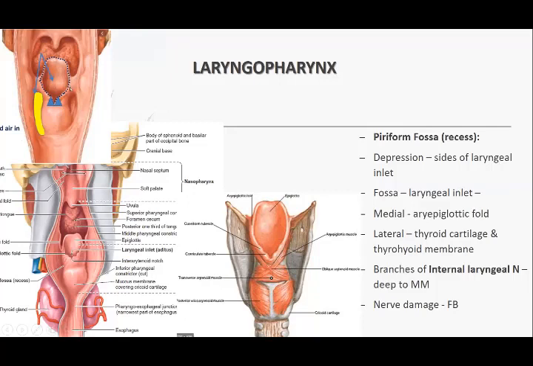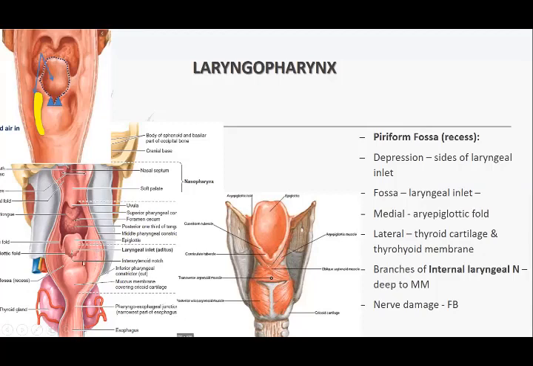Now this is what the piriform fossa is. This is the larynx, this is all the laryngopharynx, on either side. These are the walls of the laryngopharynx, middle and inferior constrictor.